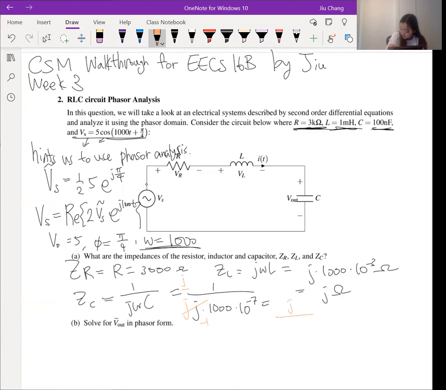So we have j over 10 to the power of -4, but 1 over 10 to the power of -4 is just equal to 10 to the power of 4. So we have this as our impedance for the capacitor.